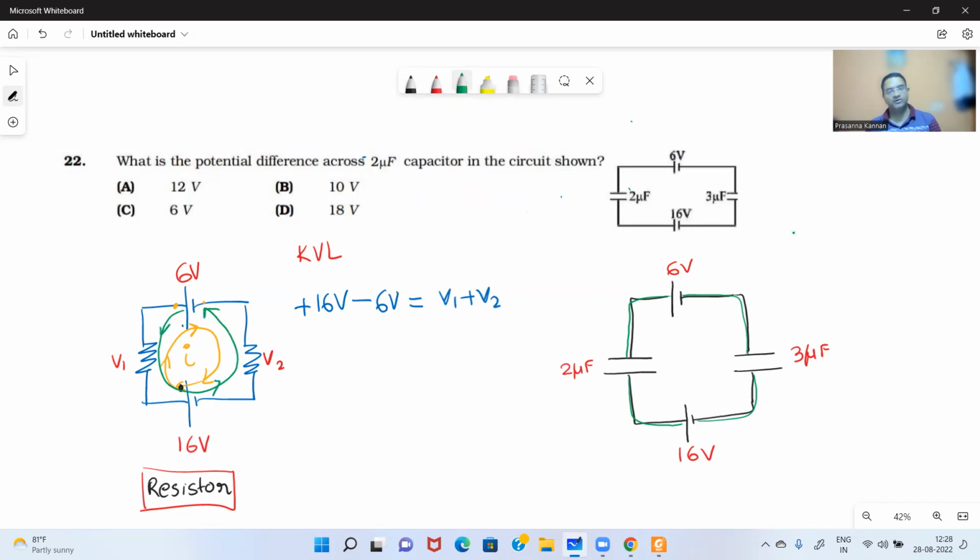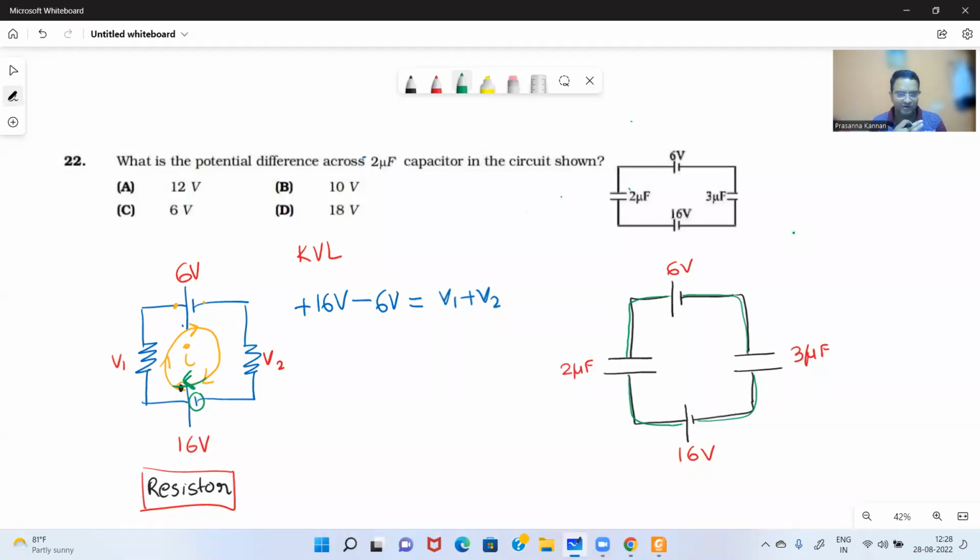But which one am I going to take? I'm going to take the bigger battery, 16 volts, compared to 6 volts. So I have taken the clockwise direction. As I'm crossing the battery in the clockwise direction, as I'm entering the 16 volt battery, first I'm seeing which terminal, negative or positive?